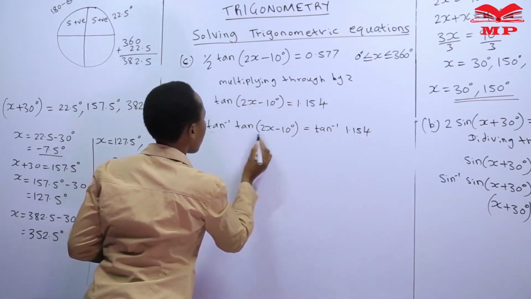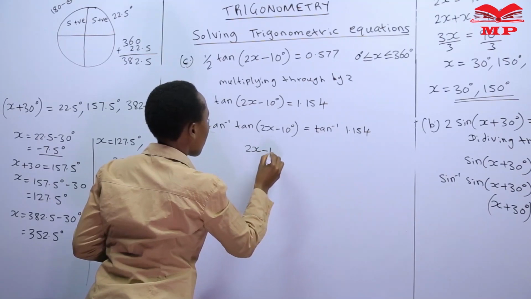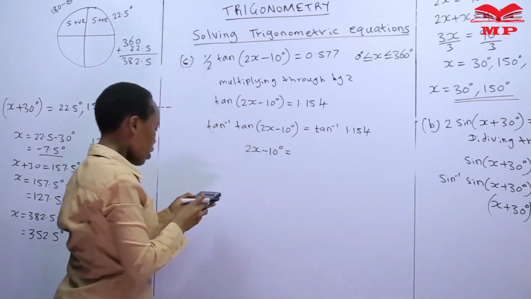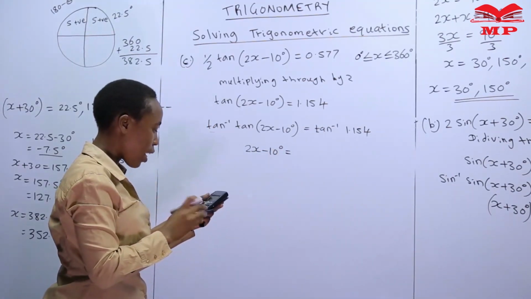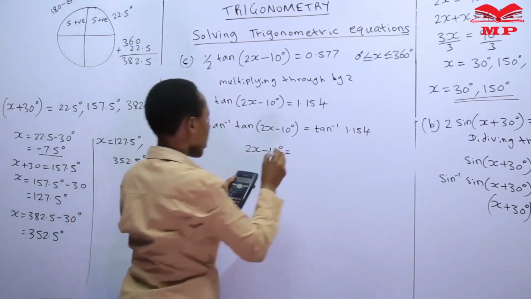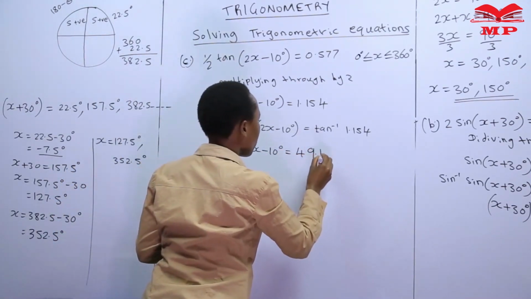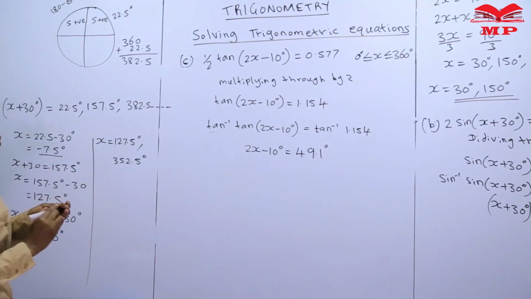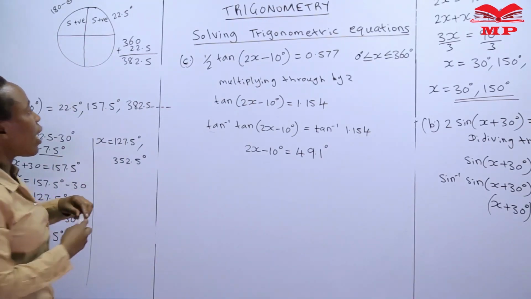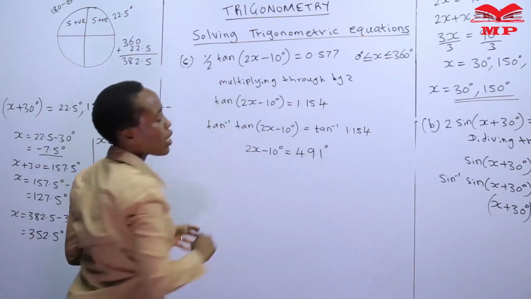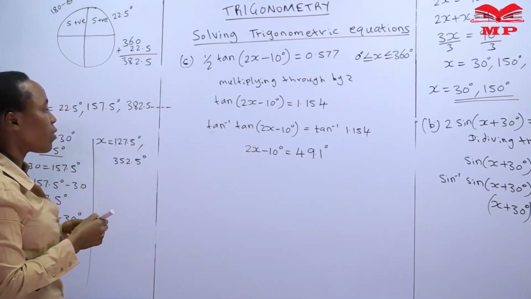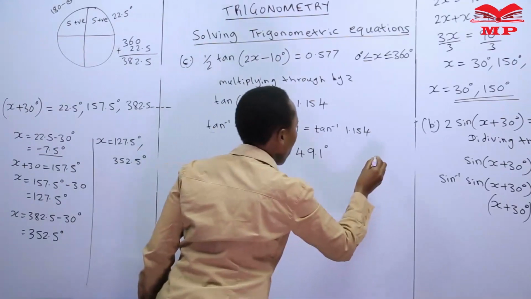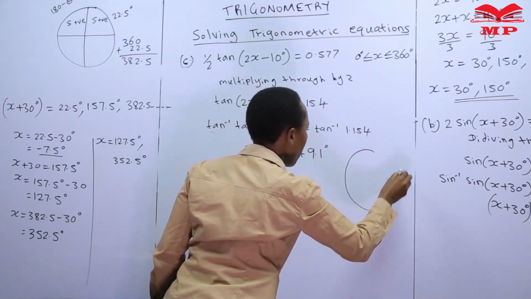So we remain with 2x minus 10 degrees equal to shift tan of that, which is 49.1 degrees. Again, we do it the same way as before. Our tangent here is positive, so we consider our unit circle.